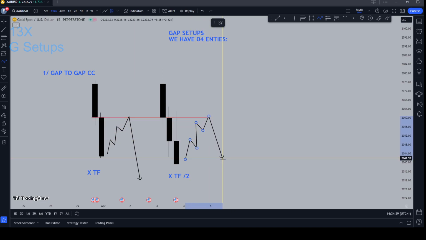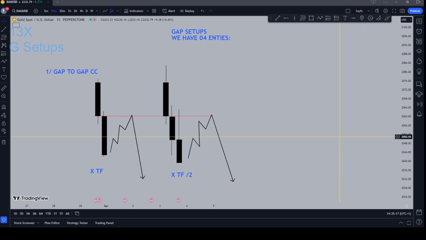That's what price will do: the gap in X time frame, and when we go one time frame lower, we find a gap CC. Price will go up, touch that level and go down. You can instant sell here when price reaches that level. This is the first entry for gaps.